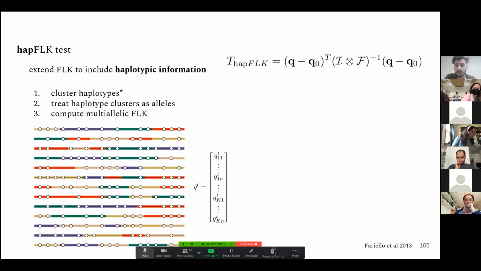Maybe just a little note here. The normal distribution could work better if I had simulated more populations, because the degrees of freedom of the chi-squared distribution depend on the number of populations.